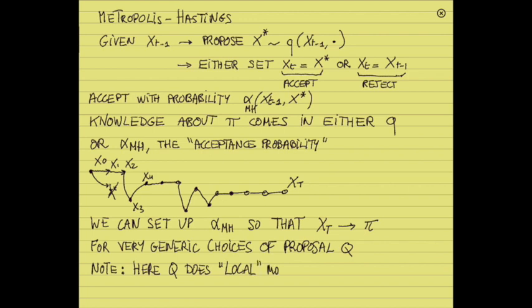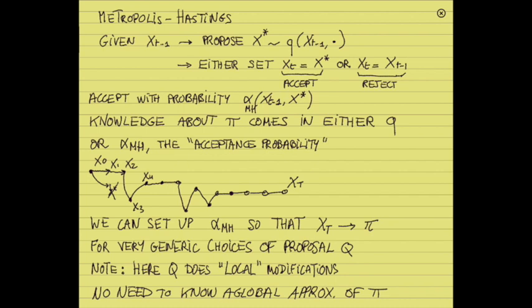Note here that Q can be understood as a local modification of the previous state xt-1. The proposed point x star is possibly very similar to the previous one, but a bit different. And we really count on the acceptance-rejection mechanism to compensate adequately so that the chain follows pi eventually.